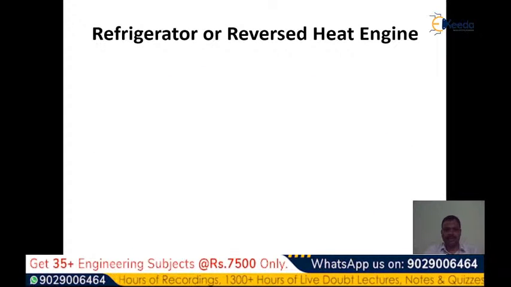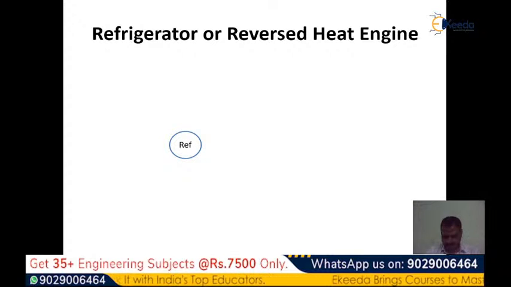And this refrigerator is also called a reversed heat engine because it works reverse to that heat engine. I will tell you how exactly it is a reversed heat engine, that is, a refrigerator.